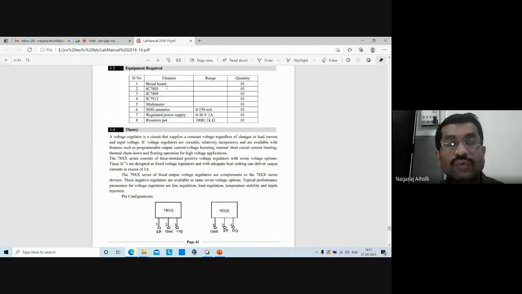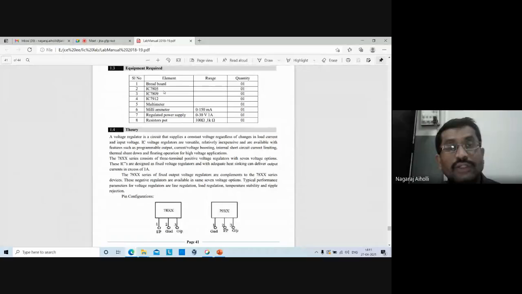The meaning of 5 volt voltage regulator is, as you change the input from say 0, 1, 2, 3, 4, 5, from 0 to 1 volt, 1 volt to 2 volt, the output also changes. If you change the input from 1 to 2 volts, the output may also change from 1 to 2 volts, right?